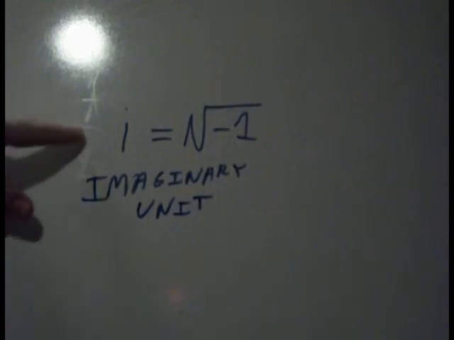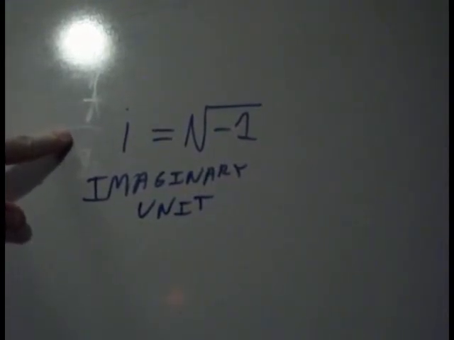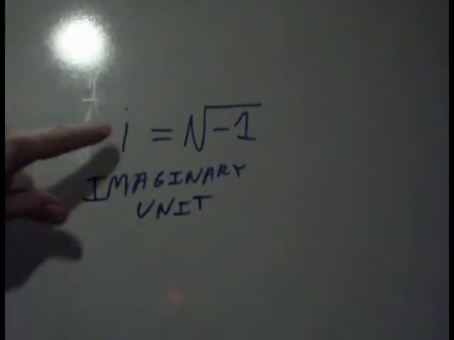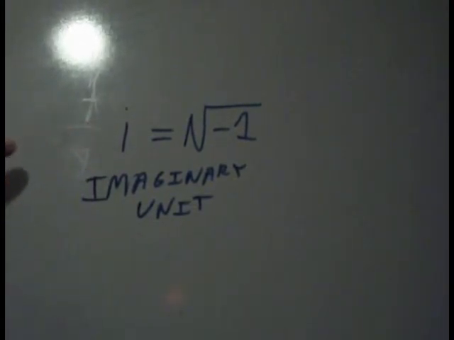And imaginary units can actually have coefficients. That's true. You could take 3 times i, or 5 times i, or 156 times i. You could even have x times i. You could do that.